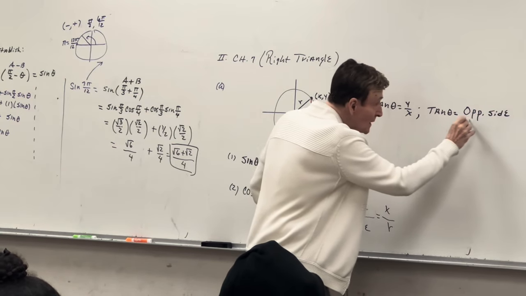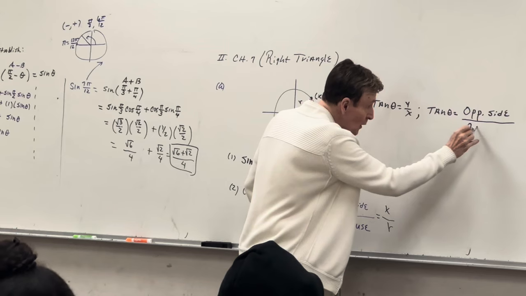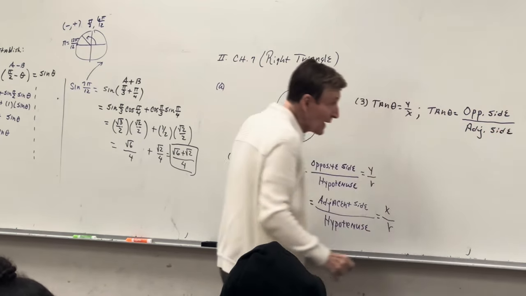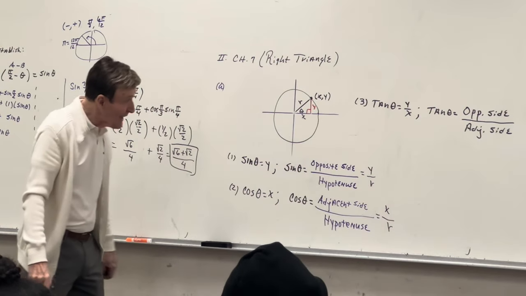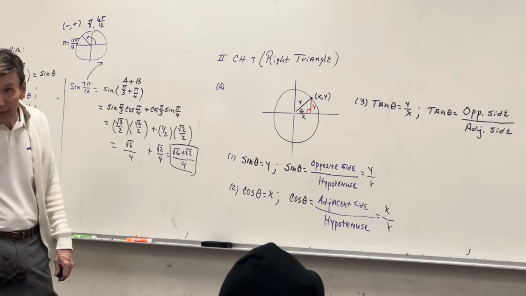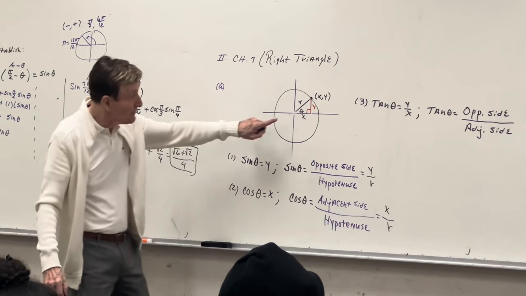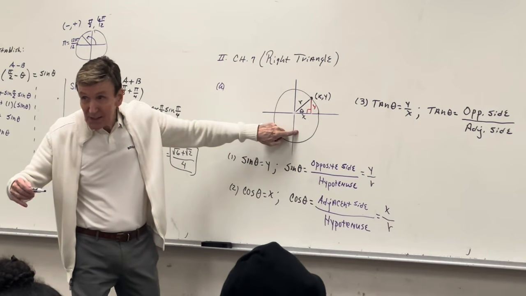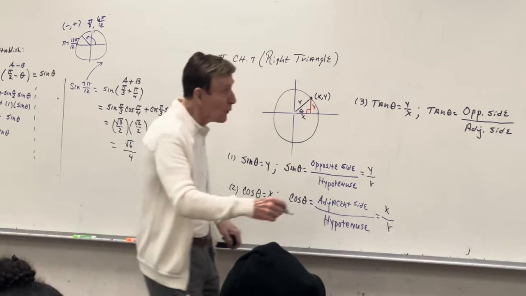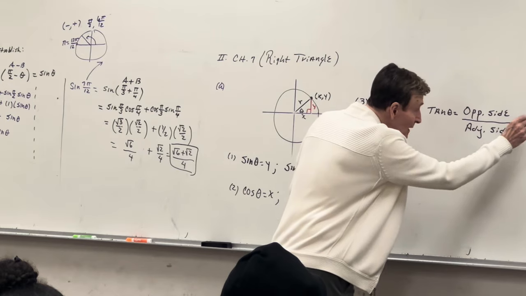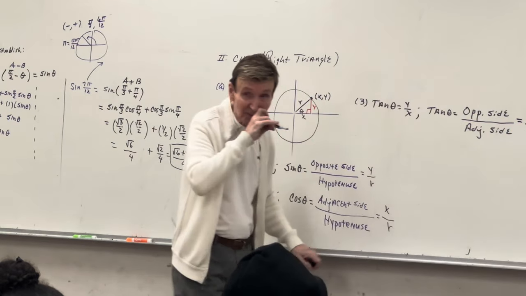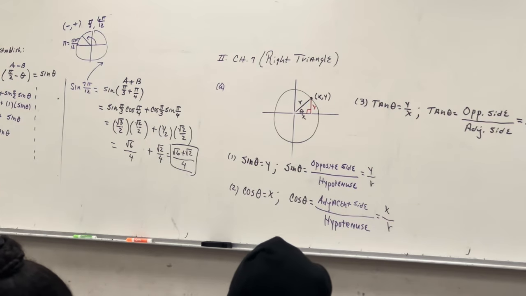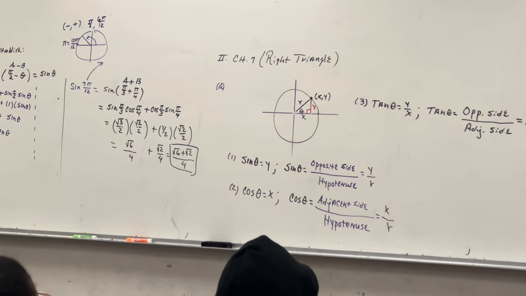Opposite side over what, the adjacent? We'll abbreviate. We have the opposite side over the adjacent. Now, looks like if I use my triangle, the opposite side has been identified opposite the angle as a y. The adjacent side, the side next to it, is x. So do I end up with y over x if I use this middle school definition? That's right, guys? Which really takes me right back to what we were accustomed to on the unit circle. That's what they're doing on the right triangle.